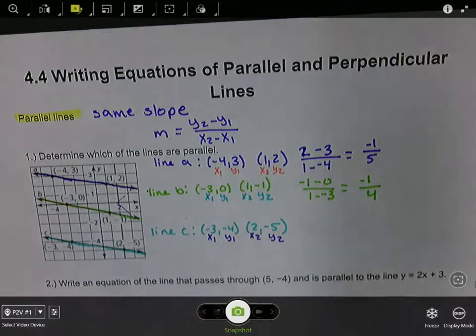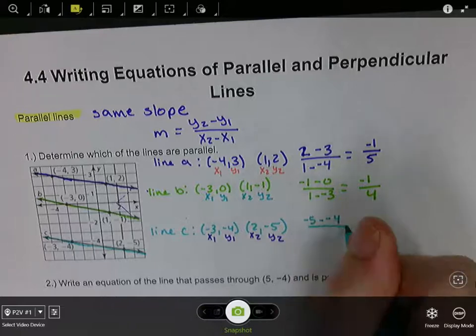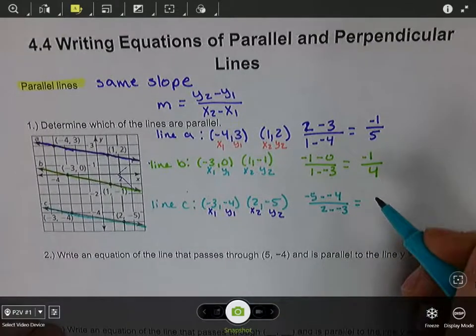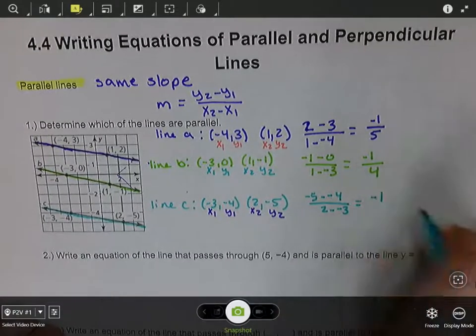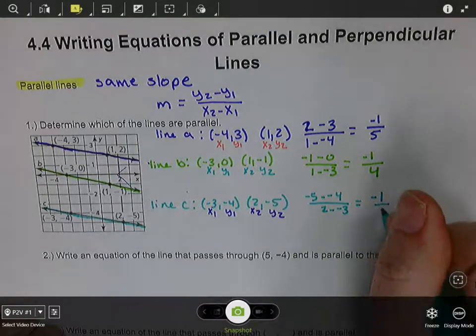And then plug them into the formula. Negative 5 minus negative 4 over 2 minus negative 3. Negative 5 minus negative 4 would be negative 5 plus 4, which is negative 1. And 2 minus negative 3 would be 2 plus 3, which is 5.